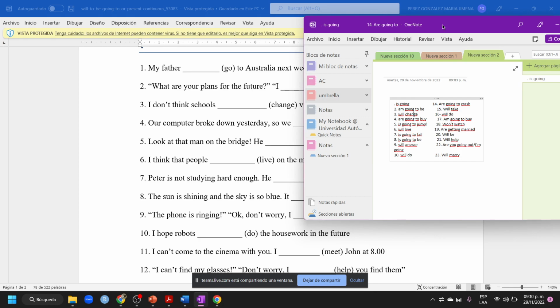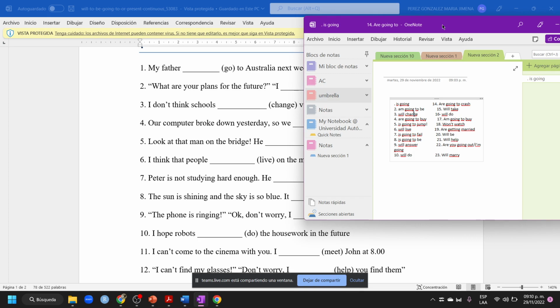Ok, ¿dudas? ¿Preguntas? No, really easy. Just remember, going to o be going to para predicciones, pero basadas en evidencia, ¿no? Para algo que de verdad no estamos seguros que va a pasar, ¿no? Para planes, y el will va a ser para predicciones sin evidencia que pensamos que pueden pasar.